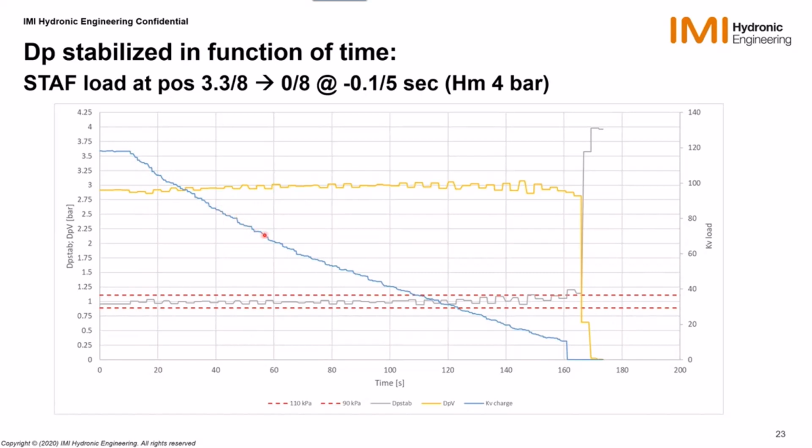And as we decrease the setting and therefore the KV of the STF, what you can see is that gradually over time, the valve is repositioning itself and taking an increasing delta P, and it is bringing you back constantly to the same value of delta P. In this case, we were stabilizing 100 kPa and trying to keep 100 kPa constant over the load.